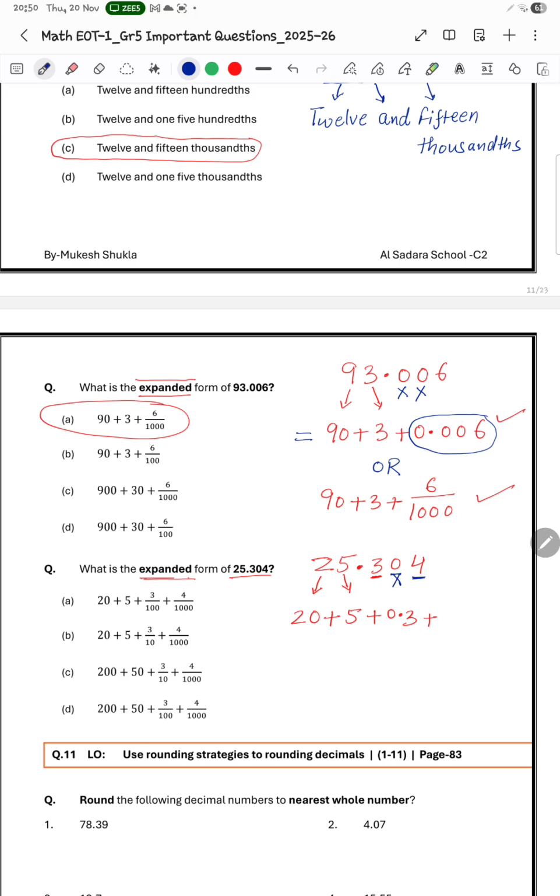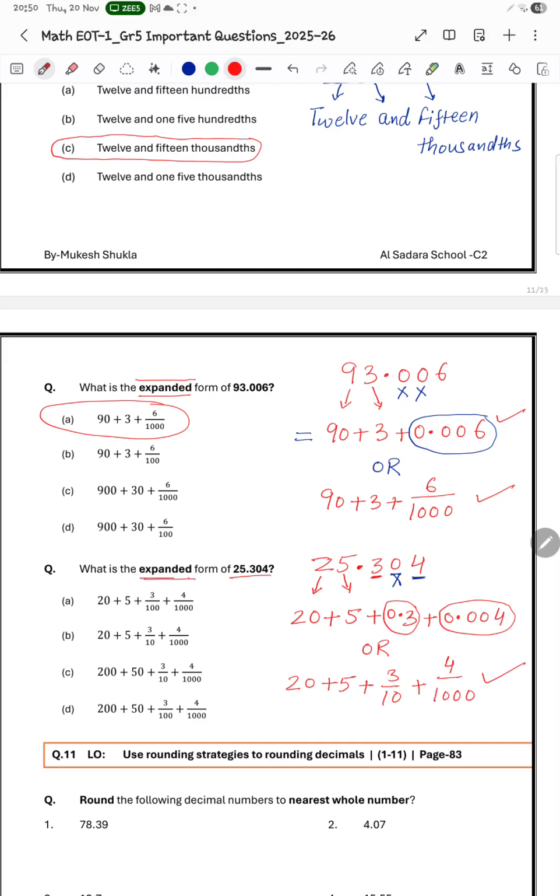Now the next number is 4, so 4 is 4 thousandths, so 0.004. Or another way, 20 plus 5 plus 3 over 10 because it is 3 tenths plus 4 thousandths, that is 4 over 1,000.